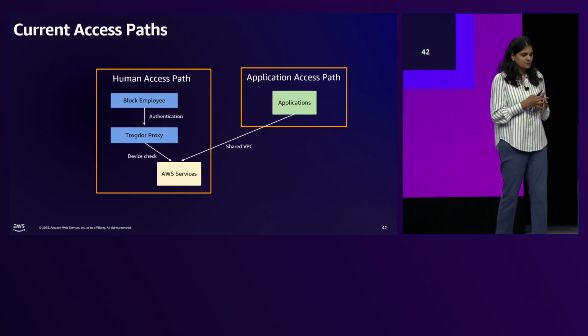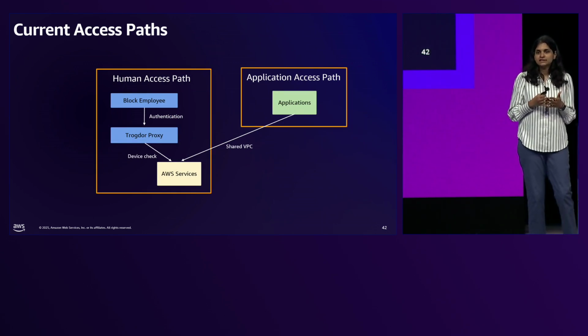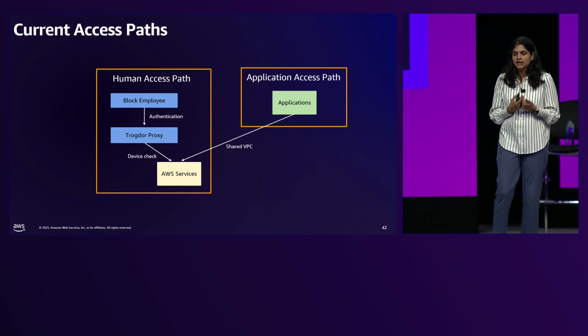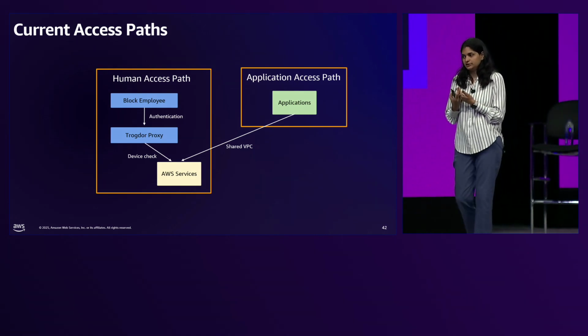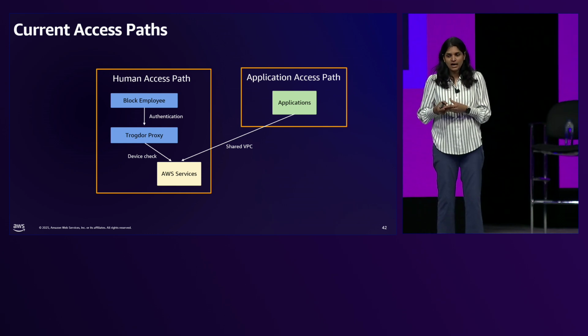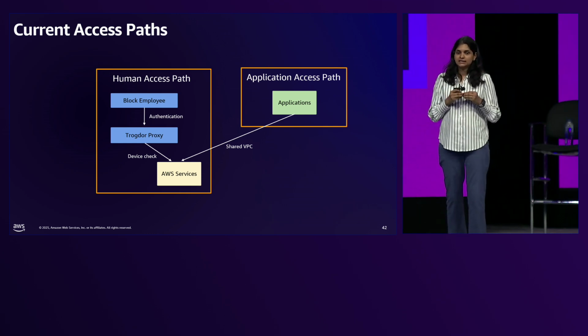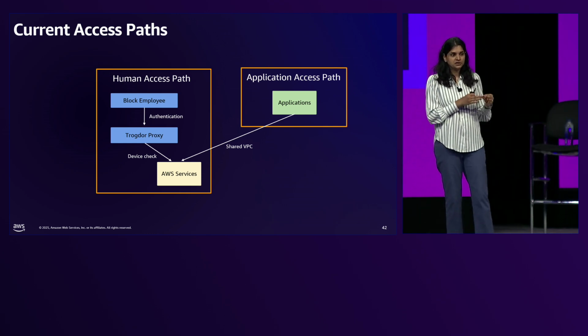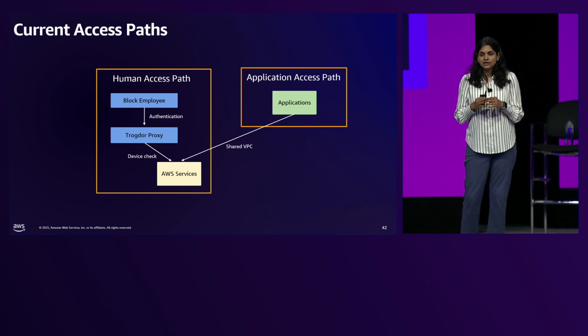Now, before we dive into specifics, it's important to level set on how we think about access. At Block, access isn't just about who you are. It's also about where and how you're trying to access. We intentionally design these access patterns to create secure, authenticated paths so that data only flows from where it's supposed to. These access patterns apply equally to human users as well as applications.